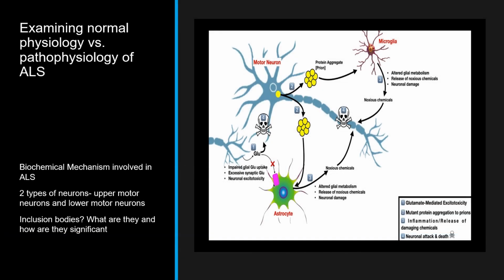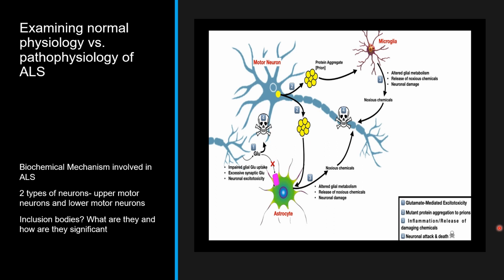Here we are. I'm going to discuss the normal physiology versus the pathophysiology of ALS. I'm going to get into the biochemical mechanisms involved in ALS and the two types of neurons that they affect, which is the upper motor neurons and the lower motor neurons. In the case of ALS, two types of neurons are involved.